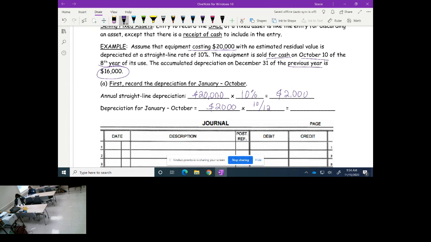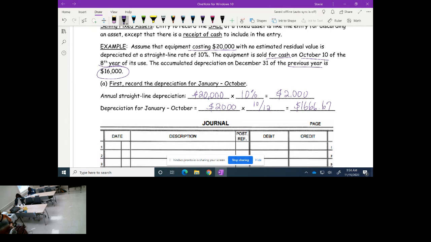We'll multiply 2,000 times 10 and divide by 12. That gives us one of these numbers that never ends. You can round it to 1,667, that's fine.